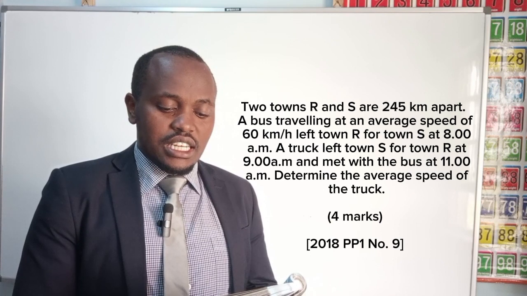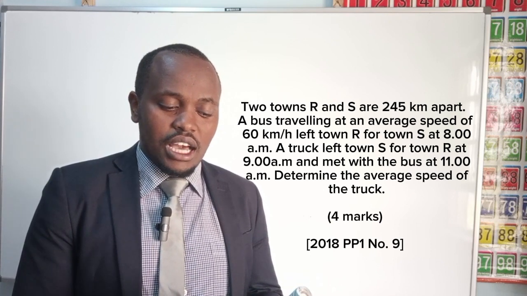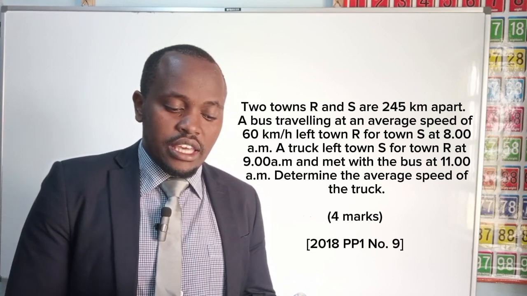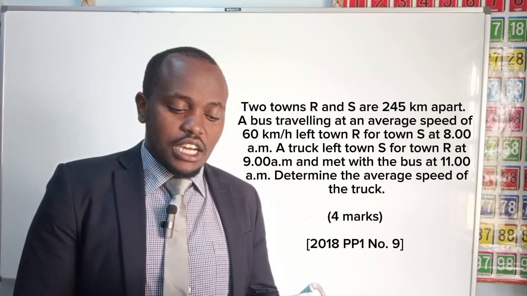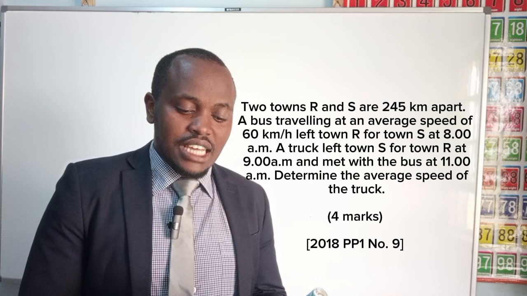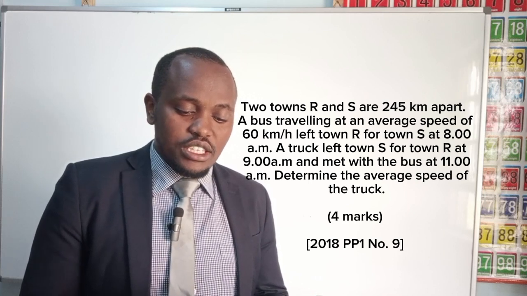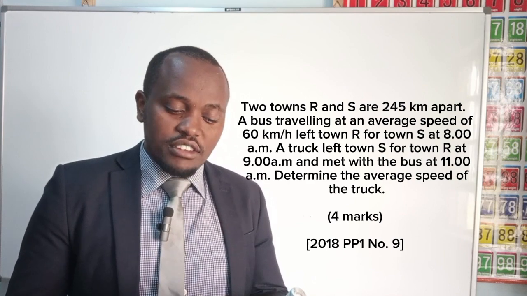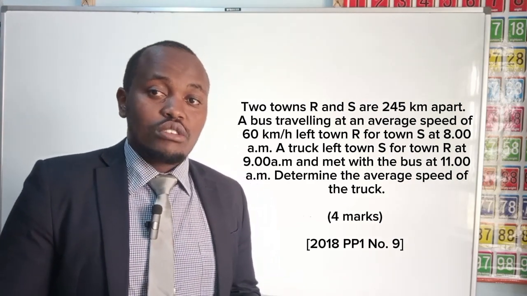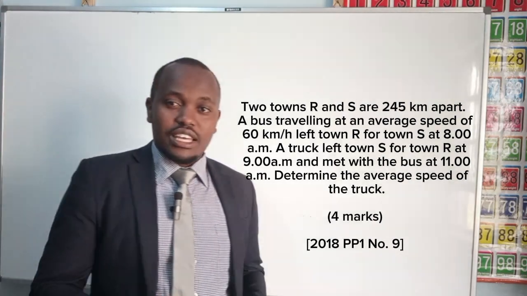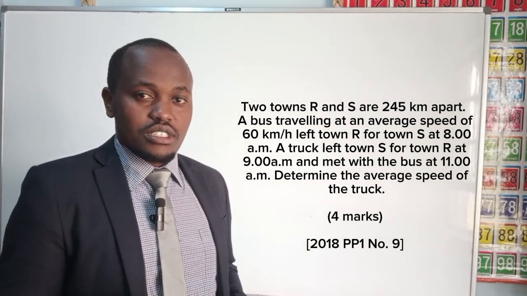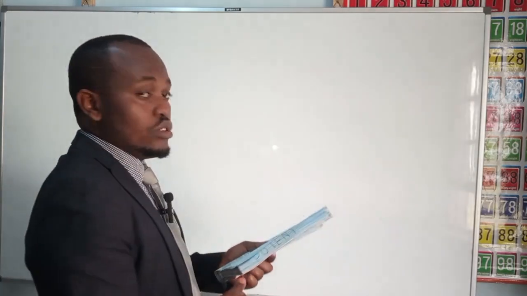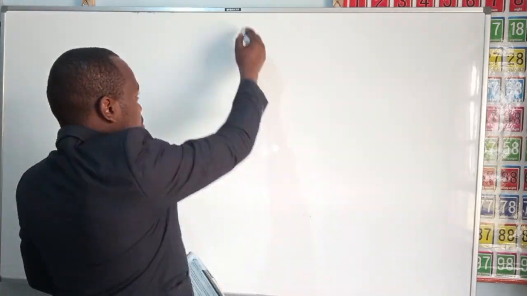A bus traveling at an average speed of 60 kilometers per hour left town R for town S at 8 a.m. A truck left town S for town R at 9 a.m. and met with the bus at 11 a.m. Determine the average speed of the truck. So the first thing you do with these questions is that you need to understand the questions. And after understanding them, then you'll be able to solve this question very well.